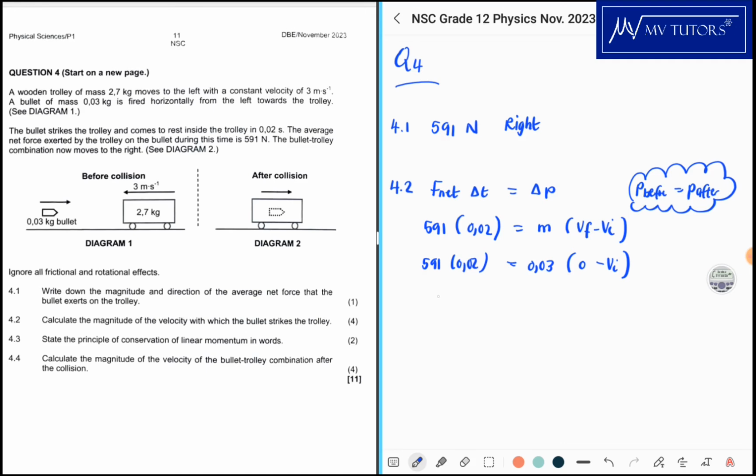if I now take 591 and I divide it by 0.03, that would be equal to negative initial velocity, if we're taking right as positive. Anyway, let us have a look.